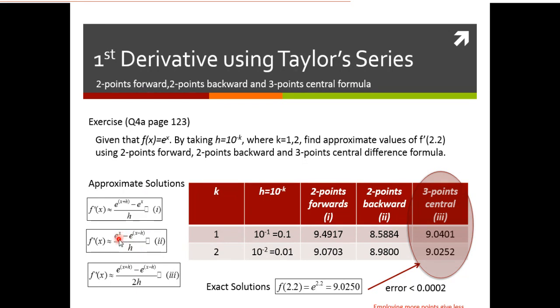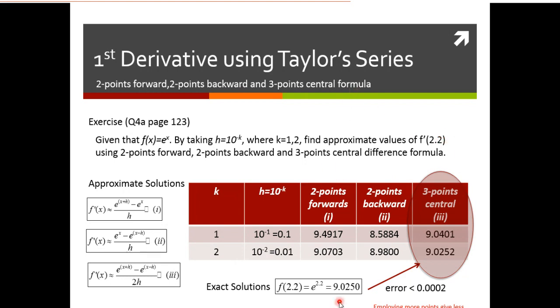When the x value is 2.2, the h value must represent the step size, and then you can simply calculate the value for the 2-point backward and 3-point central formula for both k equal to 1 and k equal to 2.